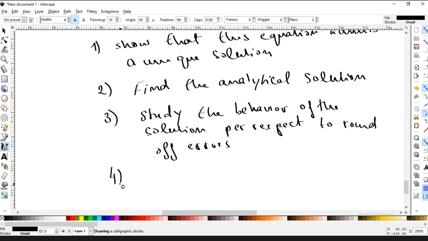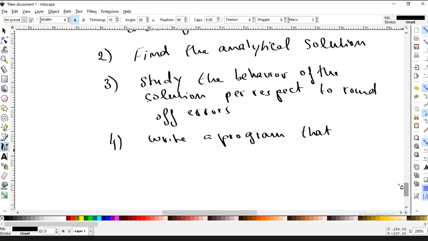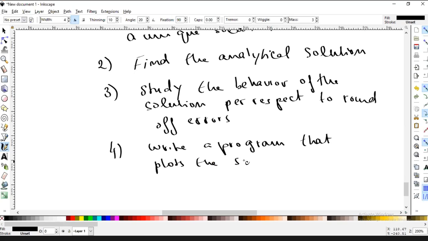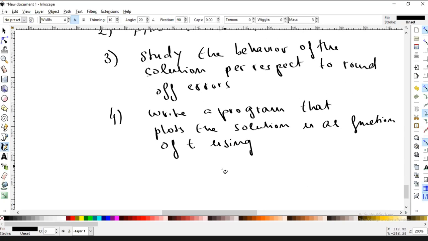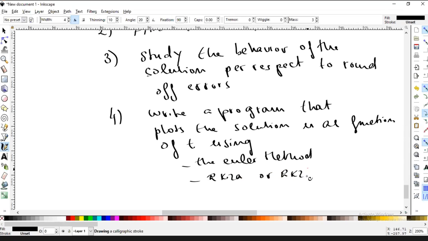And four, write a program that plots the solution U as a function of t, using the Euler method, the RK2A or RK2B, and the RK4.